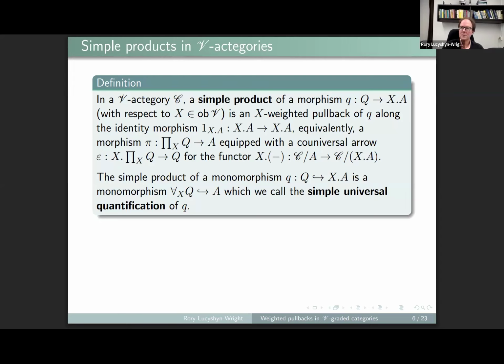One thing I found quite interesting in pursuing the relevant notion of fibration here, which is different because we're dealing with weighted pullbacks as a kind of enhanced notion of substitution, is that this enhanced notion of substitution, oddly enough, encompasses a certain form of dependent product, namely simple products.